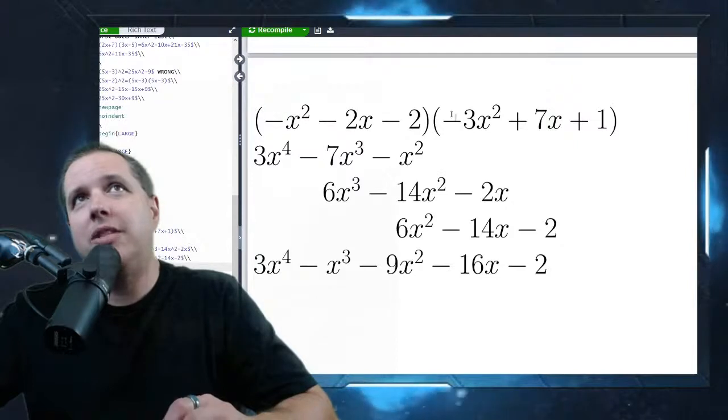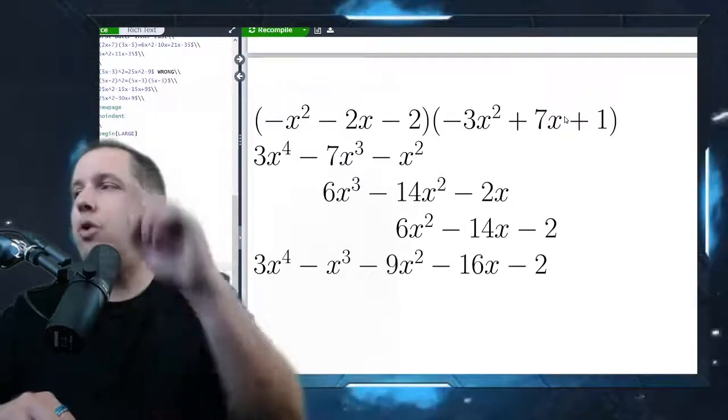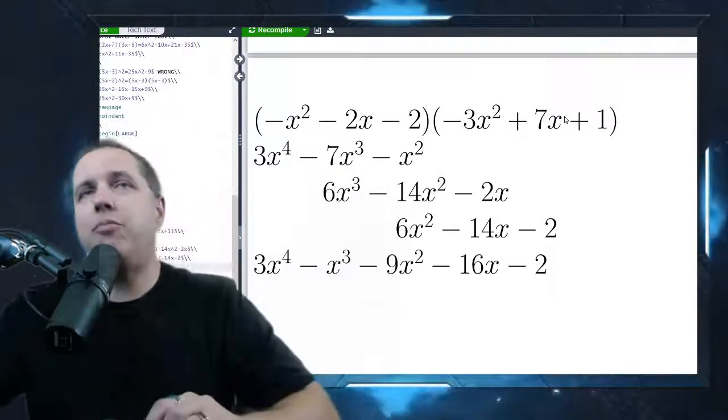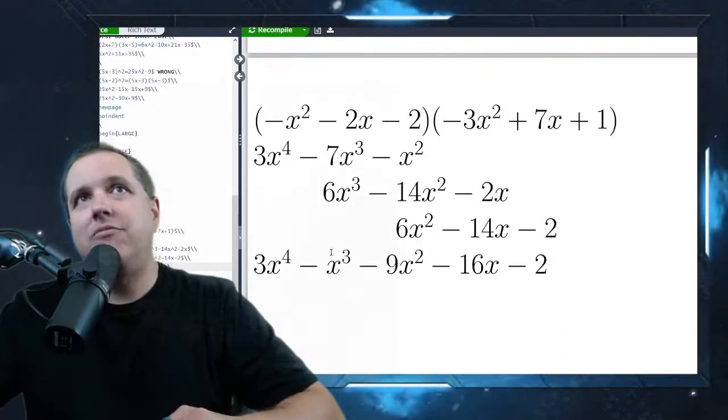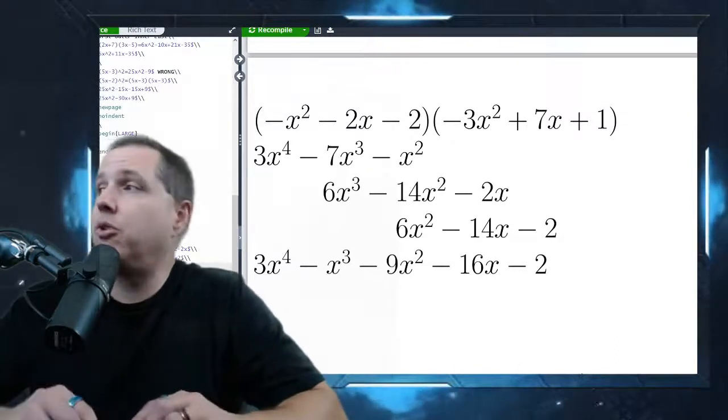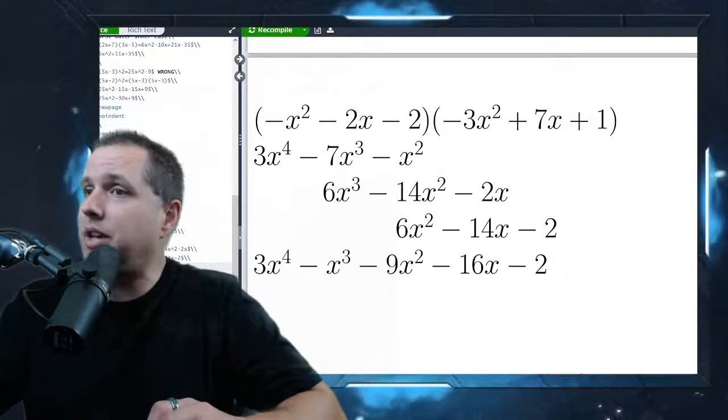It's a polynomial times a polynomial. But what do we end up with? What we end up with is a series of plus and minuses, right? Up here, we have a product. Notice down here at the end, there's no product. There's a term minus another term minus another term minus another term minus another term. There's no multiplications because we did the multiplication.